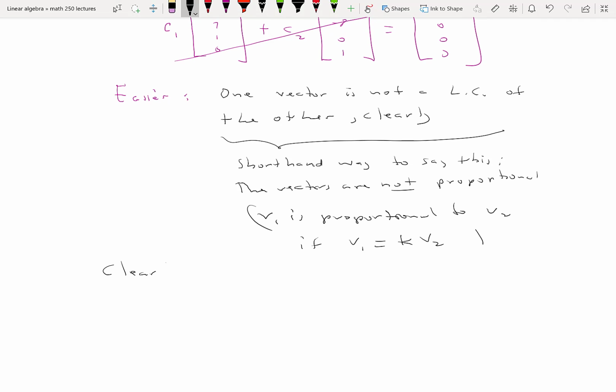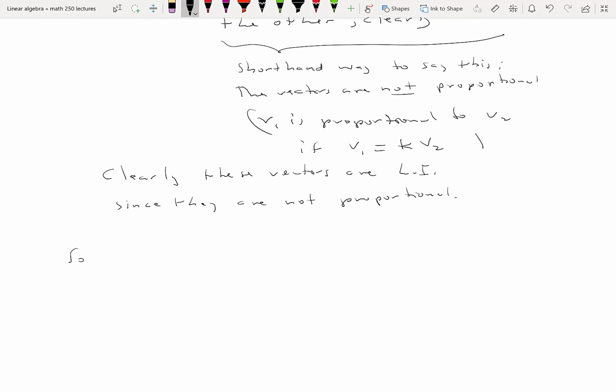This is what you would state: clearly, these vectors are linearly independent since they are not proportional. And that forms our basis. So they form a basis for the null space of the given matrix.